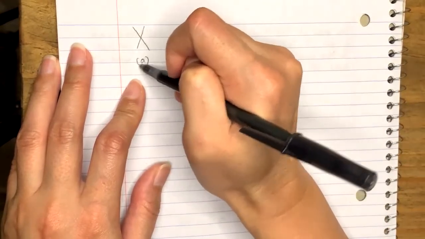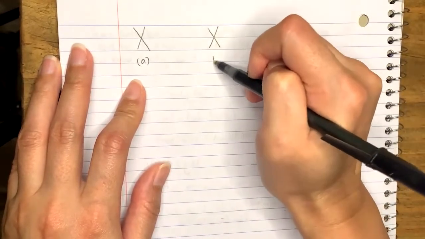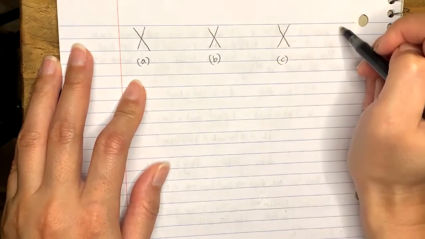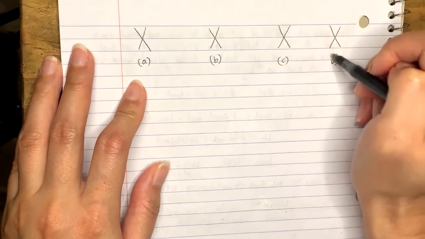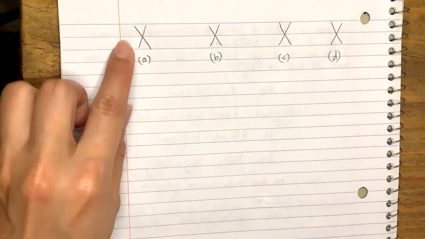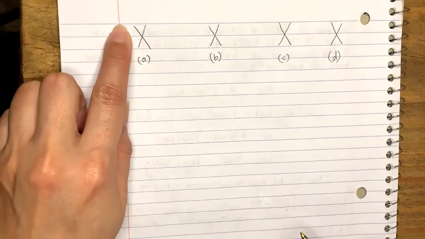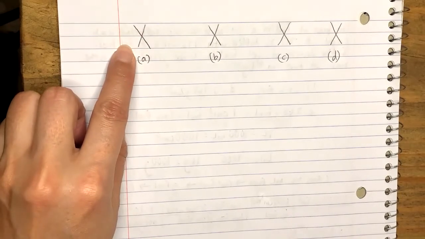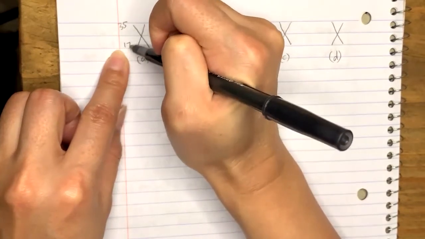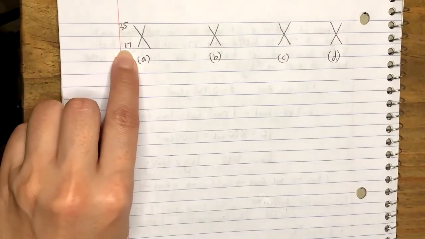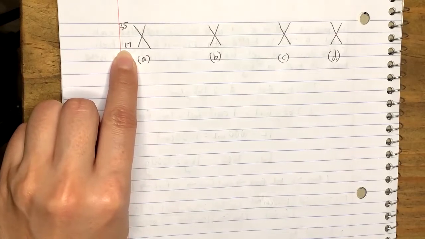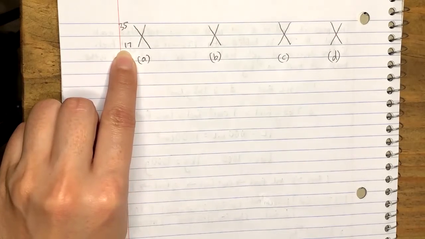So I have A, another X, B, another X, C, another X, D. Now I'm going to put numbers on it. Big number is mass number, little number on the bottom is atomic number. So mass number in this case is 35, and this one's 17. Atomic number tells you the identity. Now isotopes have the same atomic number, but different mass numbers.